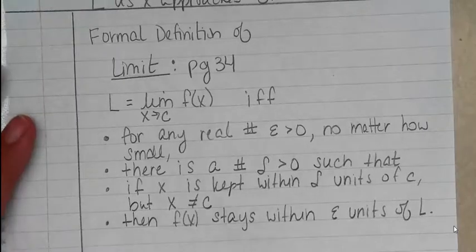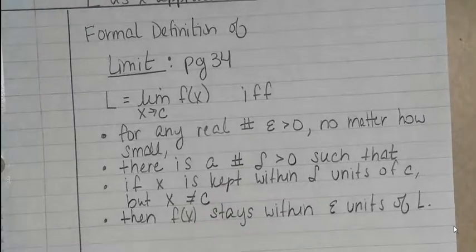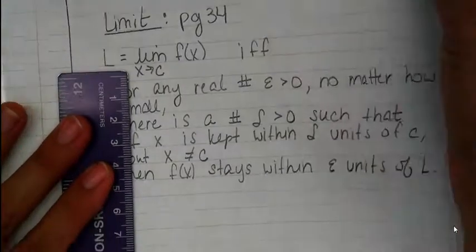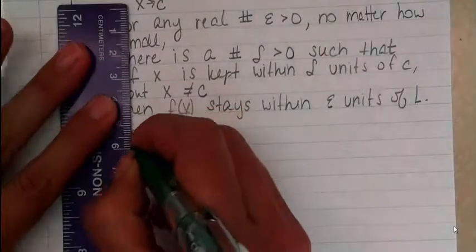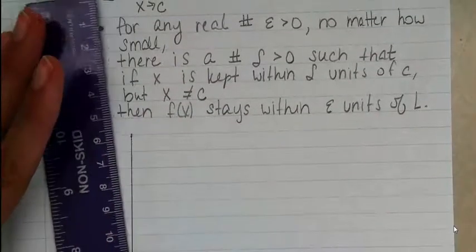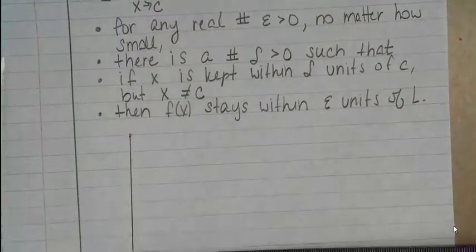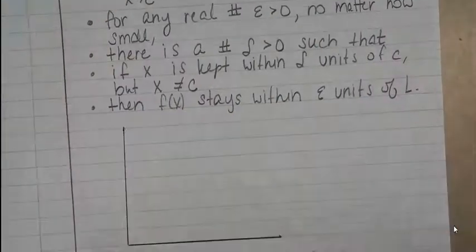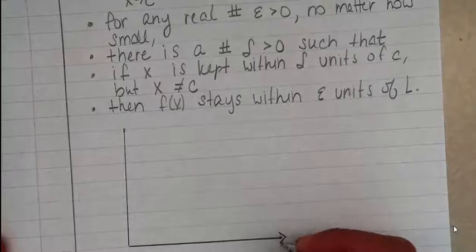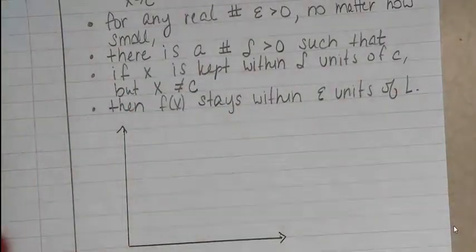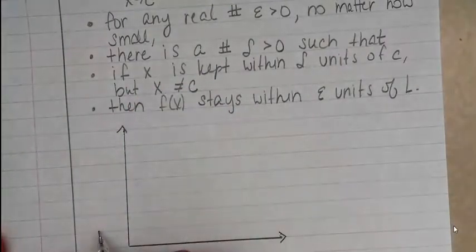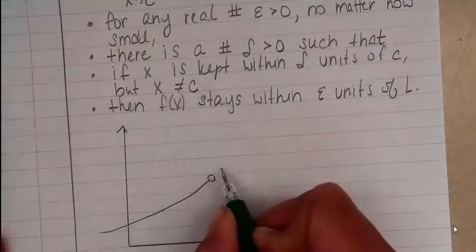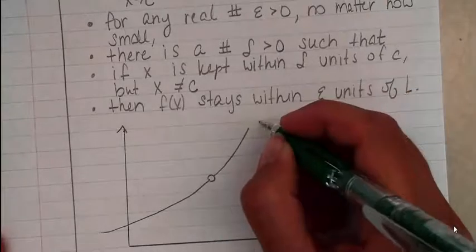Now let's draw a picture of what we're talking about here. So we have some function, and it looks like this. We'll put a hole in there, something like that. So this is our function.